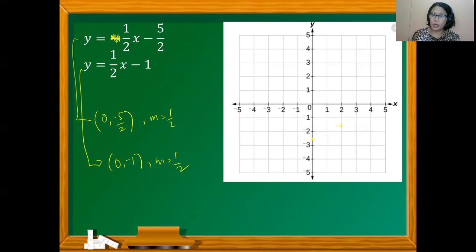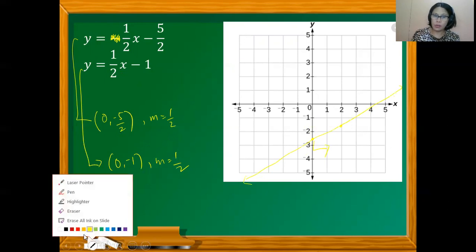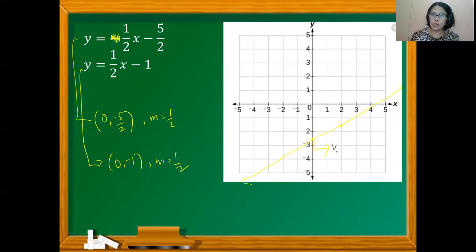So this is the other point. Connecting the 2 points, we have the graph of the first equation. So this is y equals 1 half x minus 5 halves.